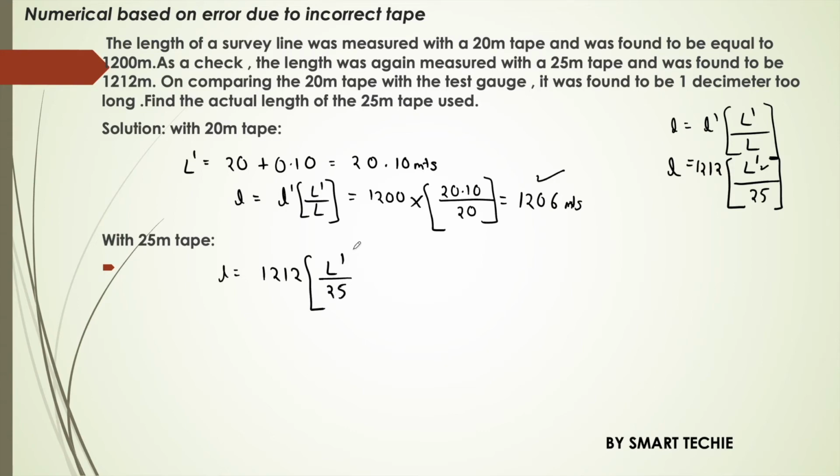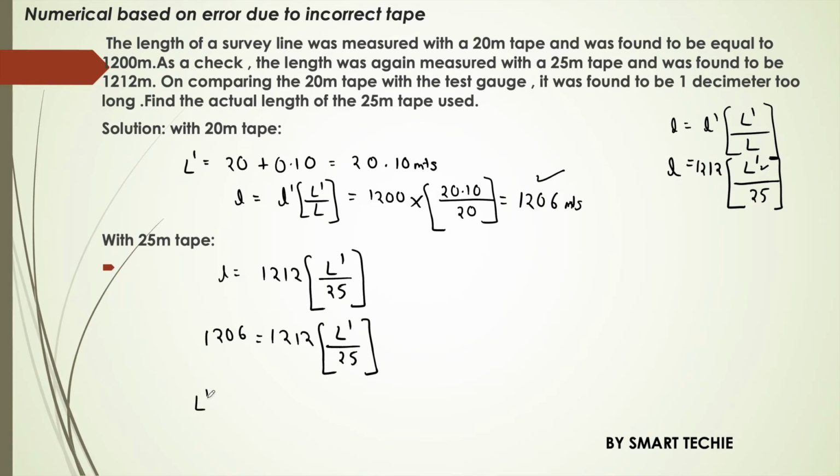This is 25 meters. Okay. So here what do I have? True length of the line is 60. So what I need to find is L dash.